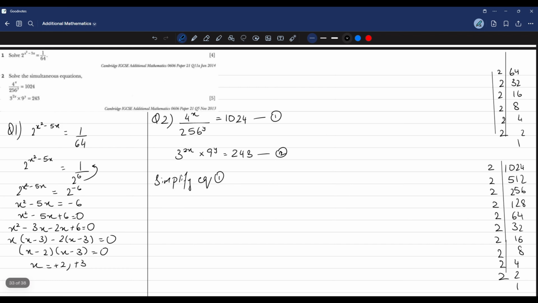As you can see, it's a pretty long list. 1, 2, 3, 4, 5, 6, 7, 8, 9, 10. 2 raised to the power 10 equals 1024.